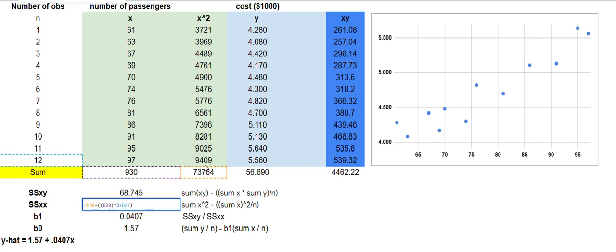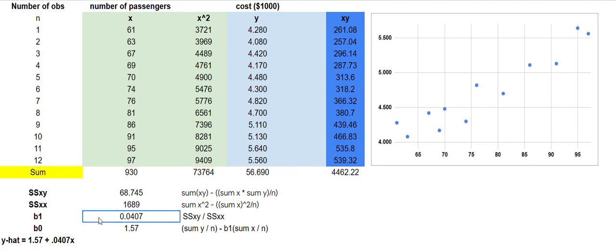So we get the x squared, and then we sum it. Then minus the sum of x, which is this number, squared, divided by n, which is the number of observations. Basically, we solve for SSXY and SSXX, and now we can find the B1.